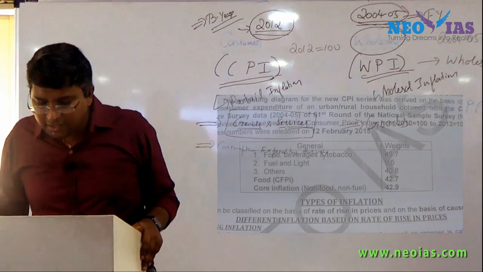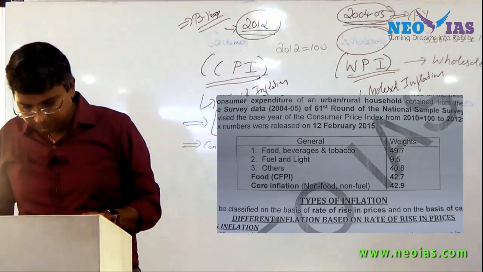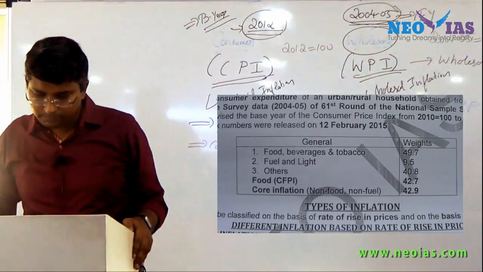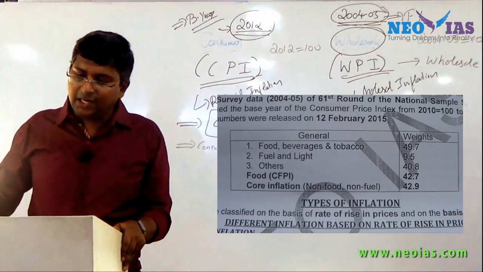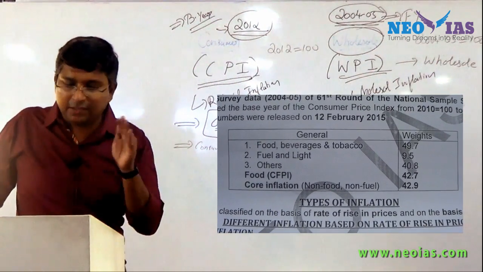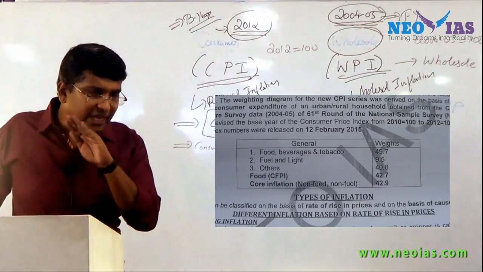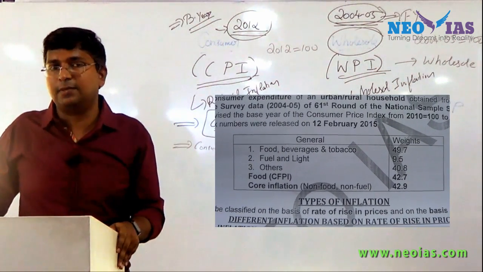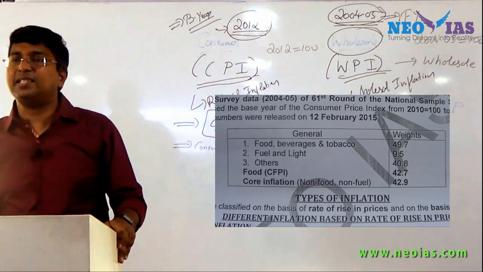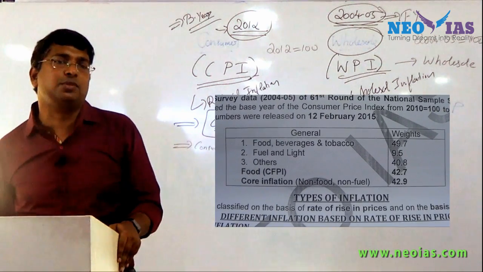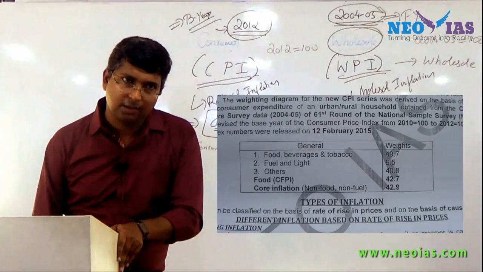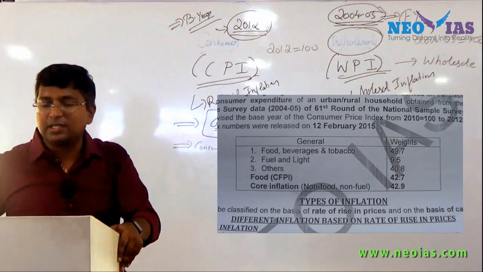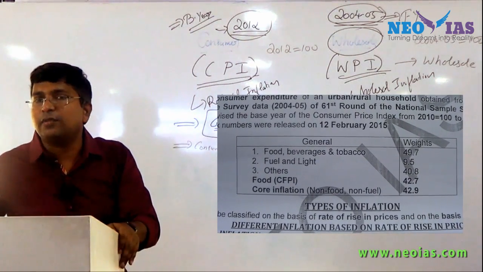Now, on page number 3, there is a box. Just a few things. What you should be very clear about regarding the consumer price index is the weightage of food items in it. Food items have a much higher weightage.